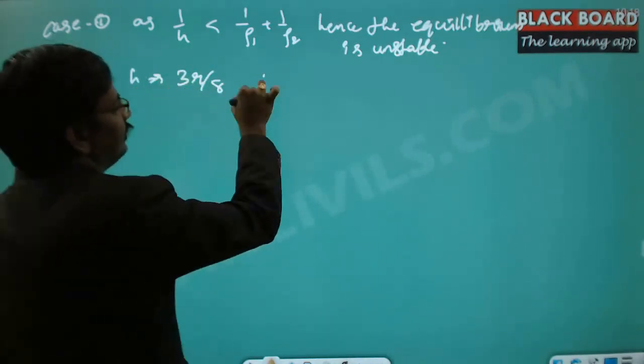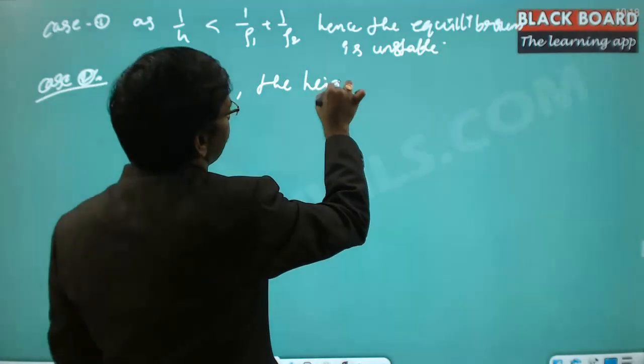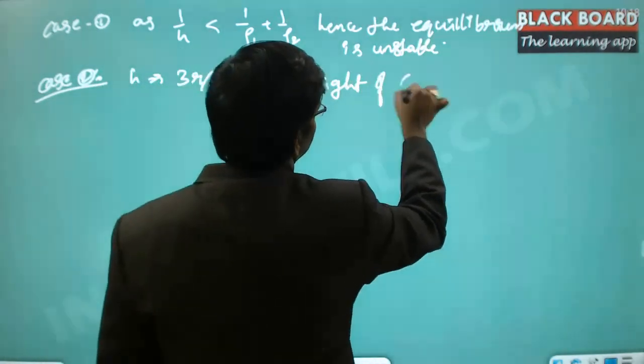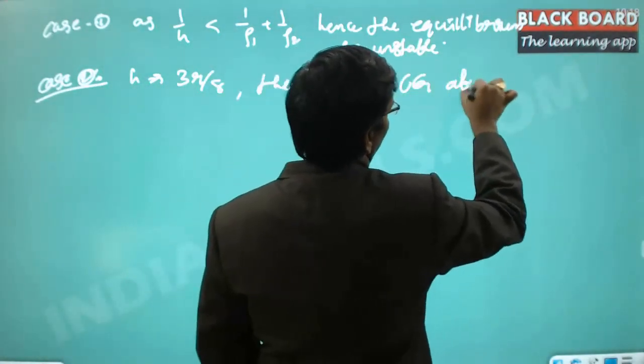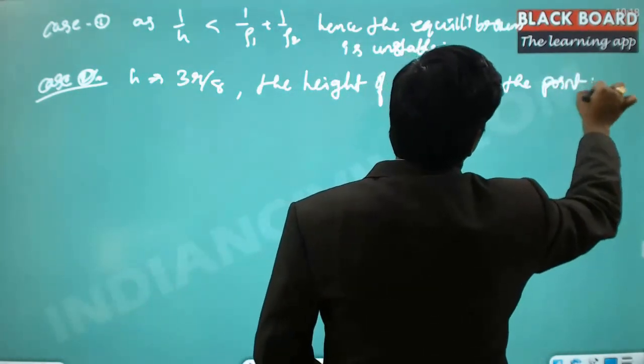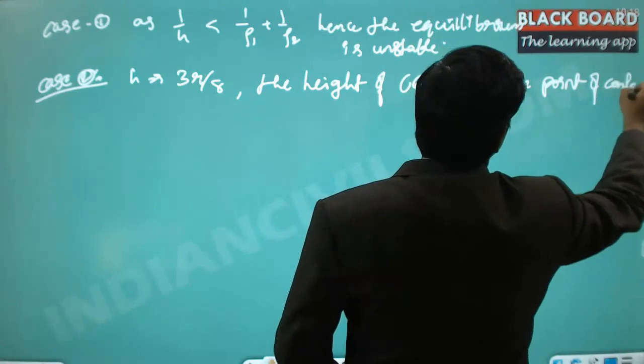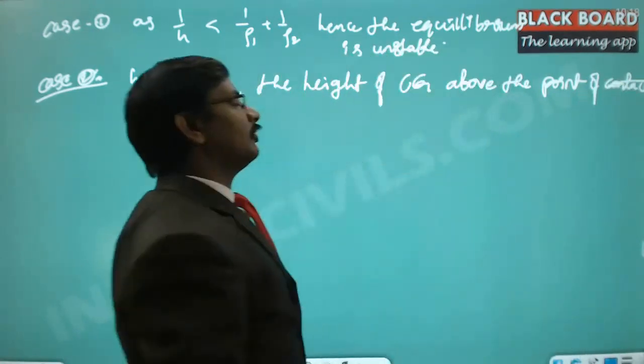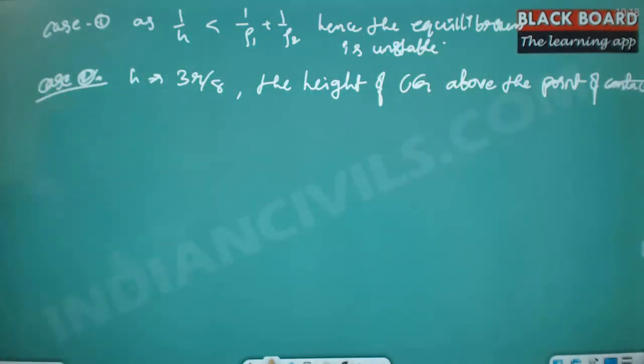So this is the height of CG above the point of contact. So this is going to be 3r by 8.